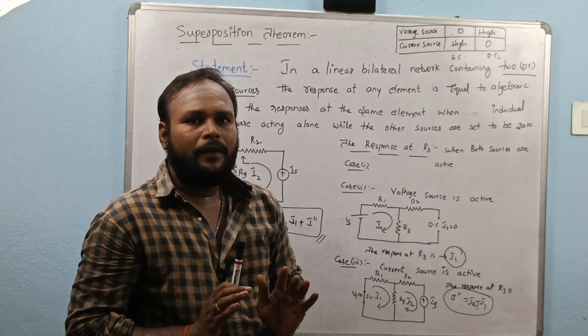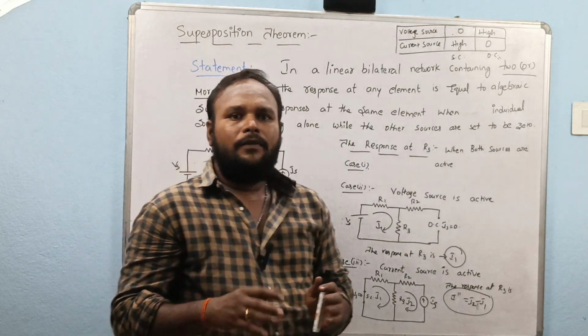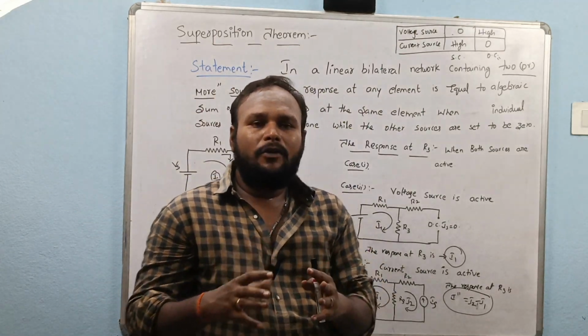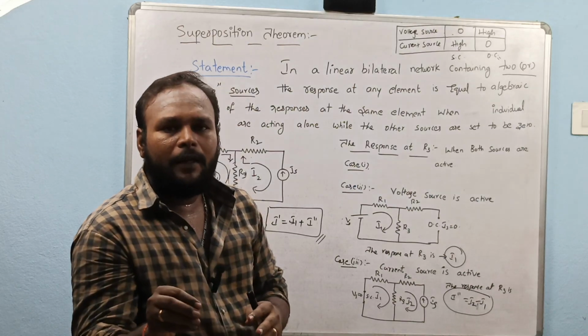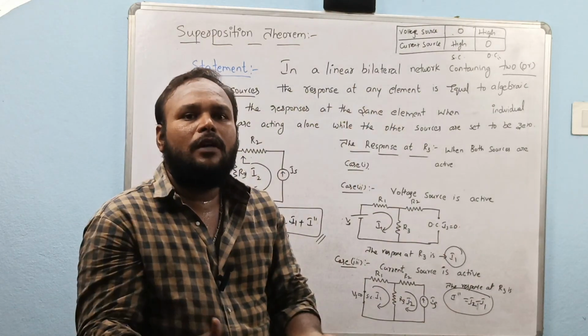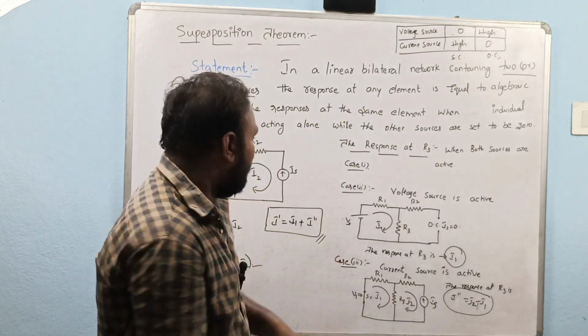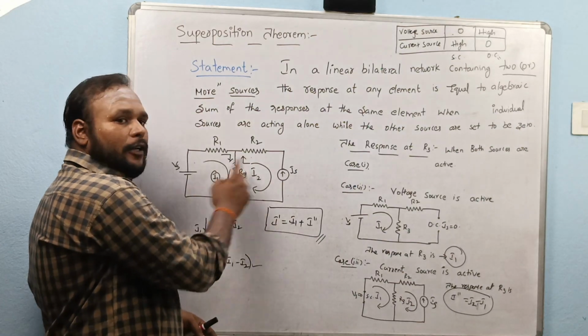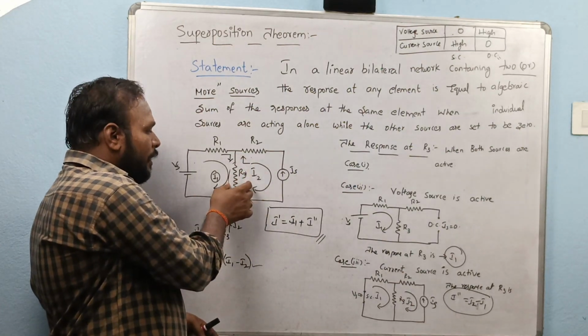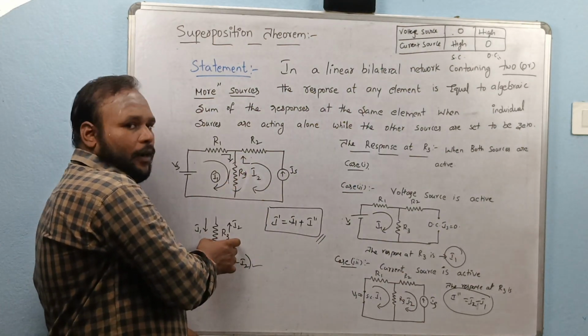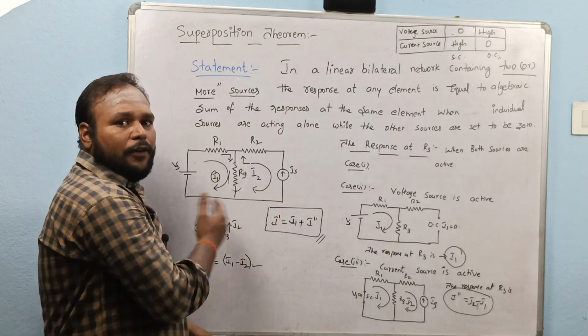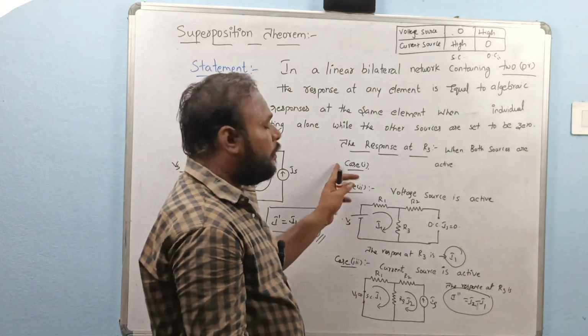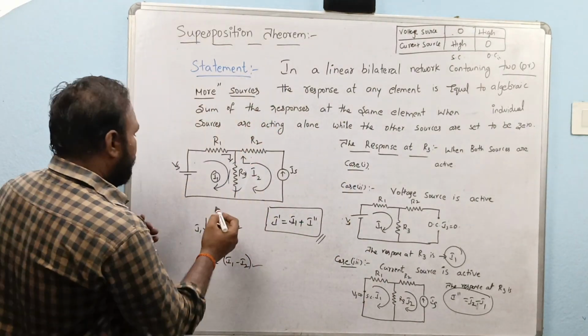Okay. And then first, you have to find out the response at any particular element when all the sources are active in the circuit. When these two sources are active, at that time we find the response through the element R3. Case 1 completed.